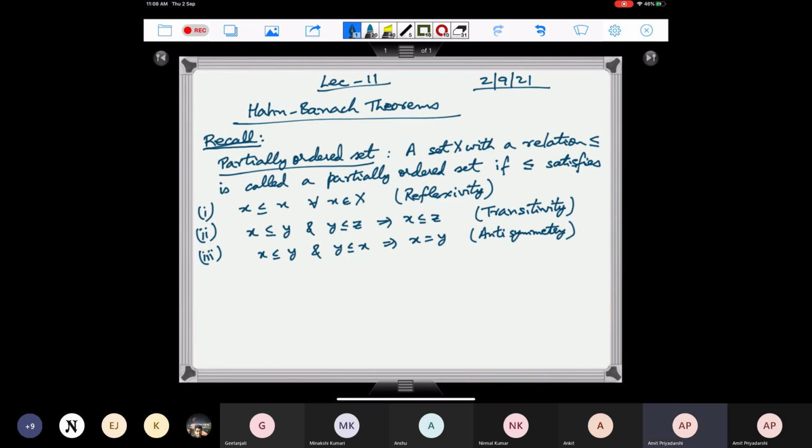And suppose I have a partially ordered set, then what do we mean by a chain or totally ordered subset on this?